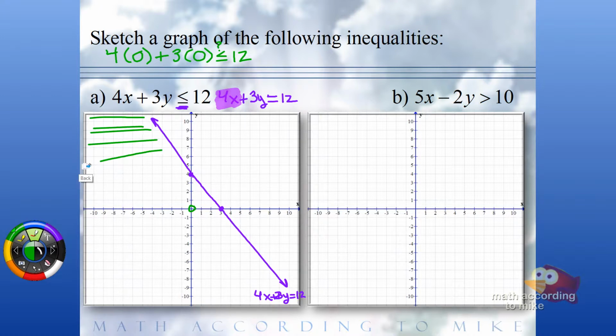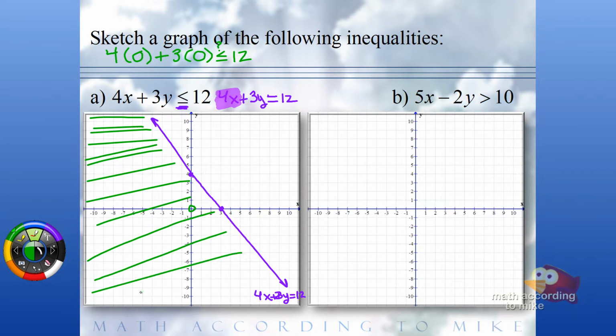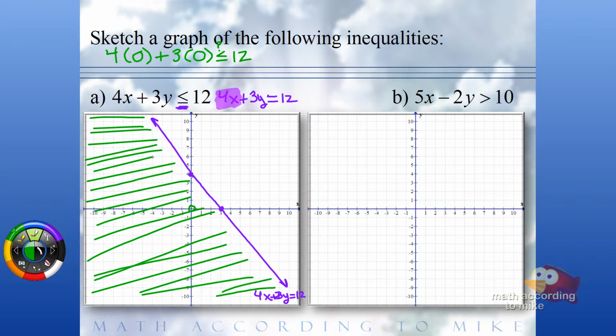So remember, step 3 says shade the true side. Hooray. If, for instance, we had picked 6, 6, just making that point up, notice 6, 6 is above the line.